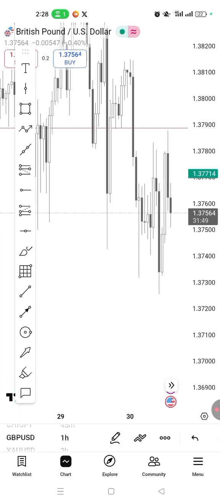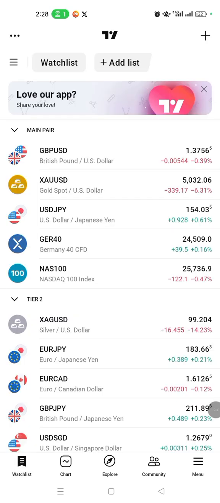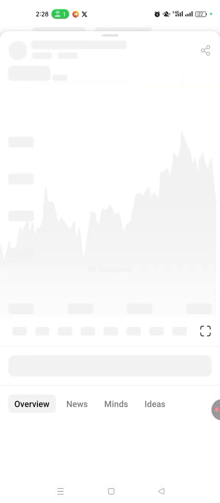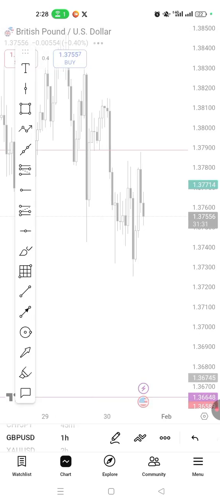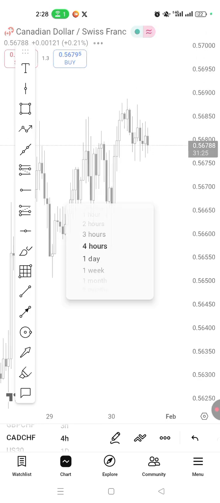heavily, though it's still buying, but I think we're in the reversal state of the market, so I believe this should help. Okay, let me open that USD CHF. Is this USD CHF or CAD CHF? Let me see if it is the CAD CHF or the USD CHF on H4.